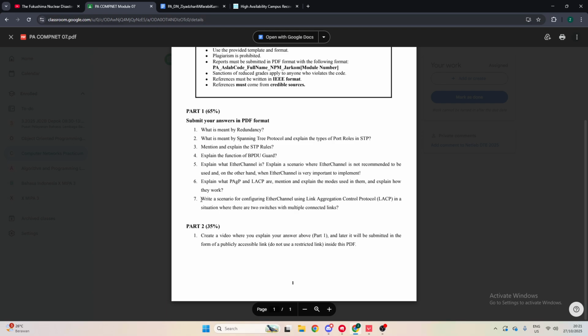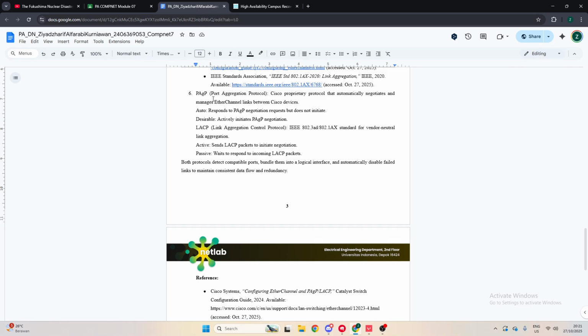Number six is: explain what PAgP and LACP are, mention and explain the modes used in them, and explain how they work. So this is the answer. An EtherChannel can be created automatically using either PAgP, or Port Aggregation Protocol, or LACP.